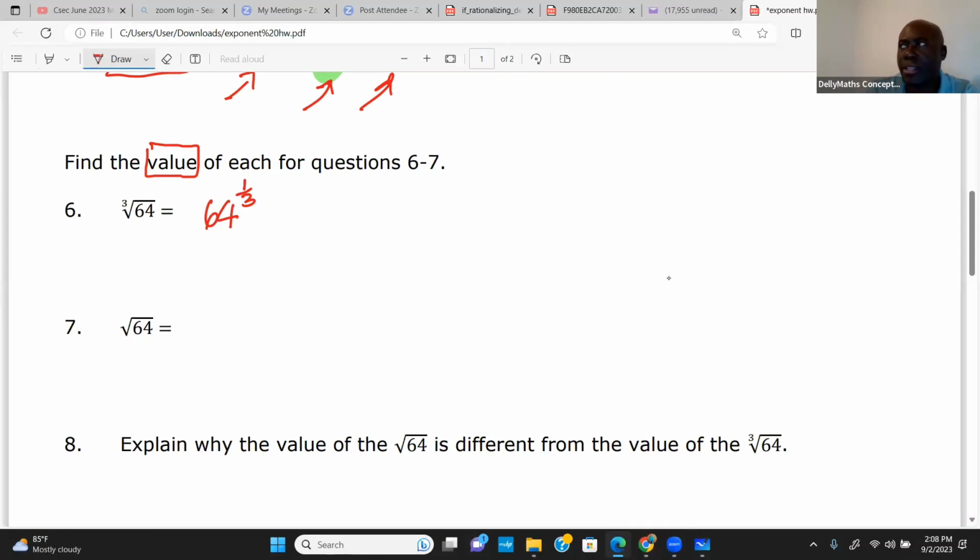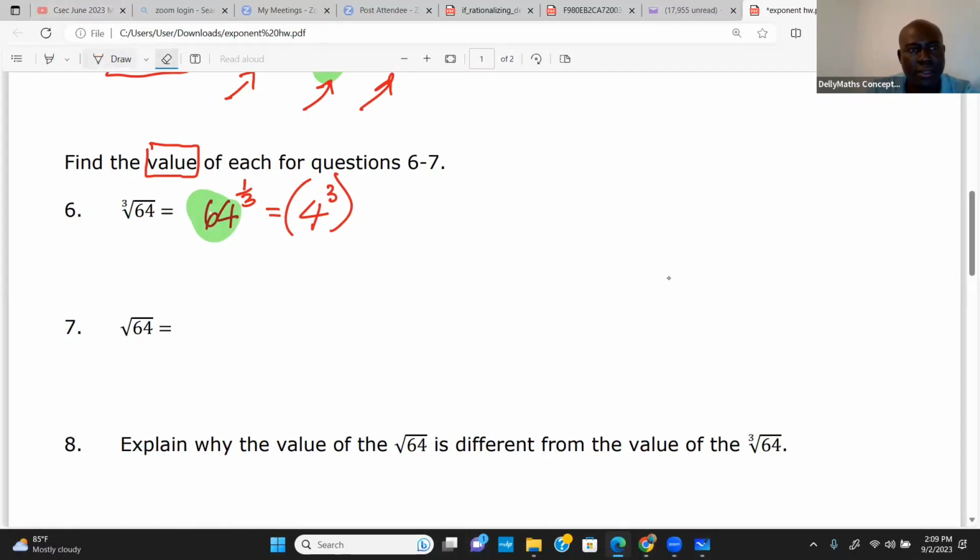Now, let us see if we could break this down further. We can represent 64 using a base of 4. For example, 4 raised to the third is 64. This is our 64 right there, right?